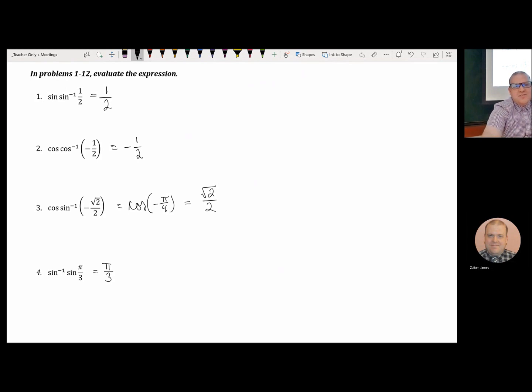I mean, yeah, because you would take the sine of pi over 3, and then you would say, what angle gives you that answer, right? Which would bring you back to pi over 3. I hope. Pi over 3.